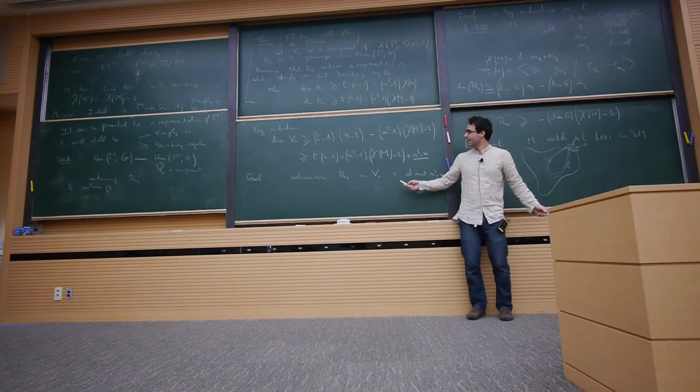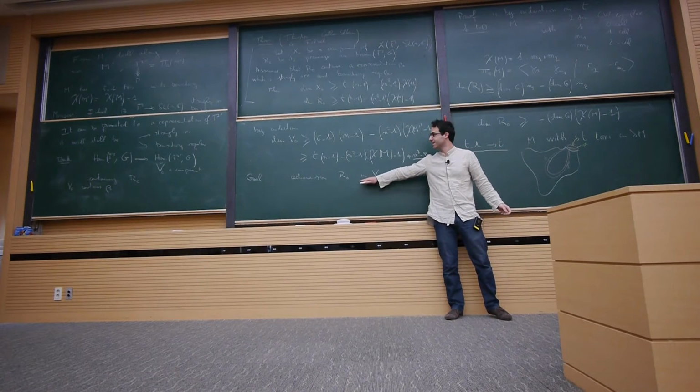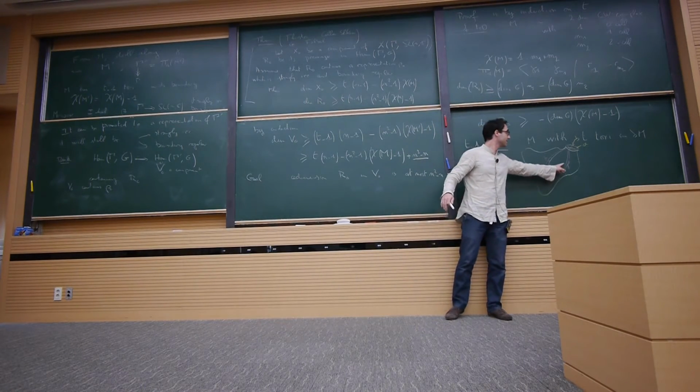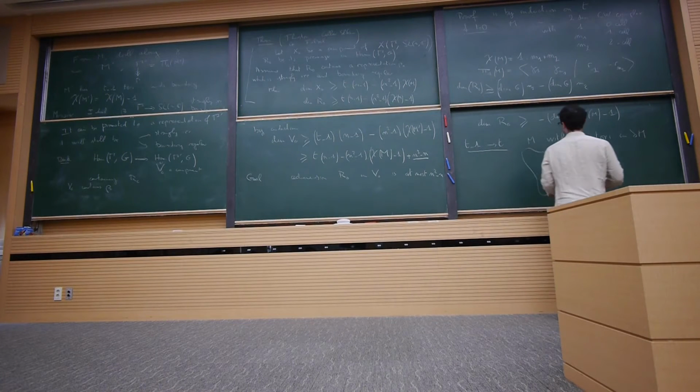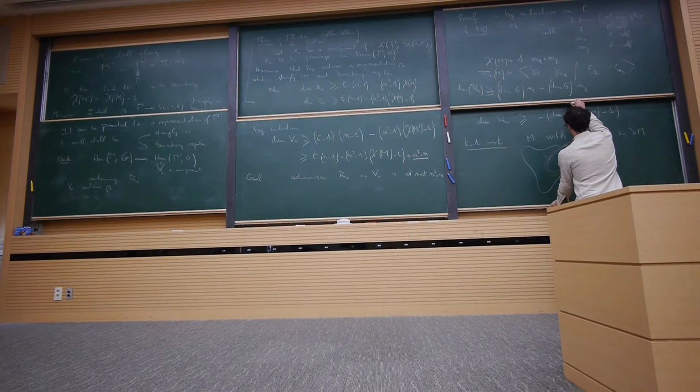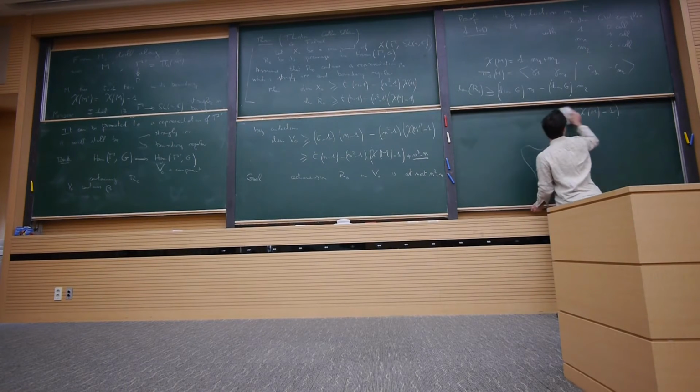How can I state this goal in terms of the representation variety of this sigma 2? Maybe I would like to keep this picture.